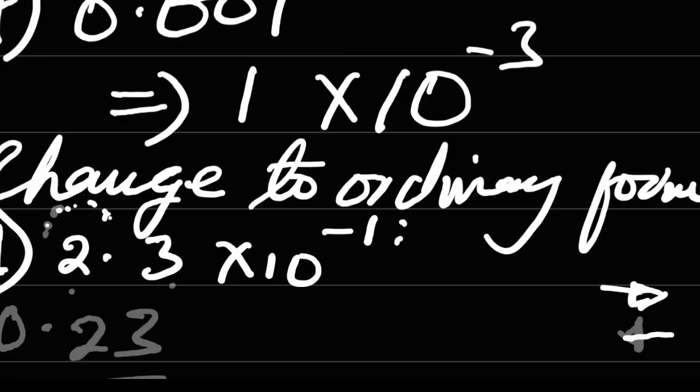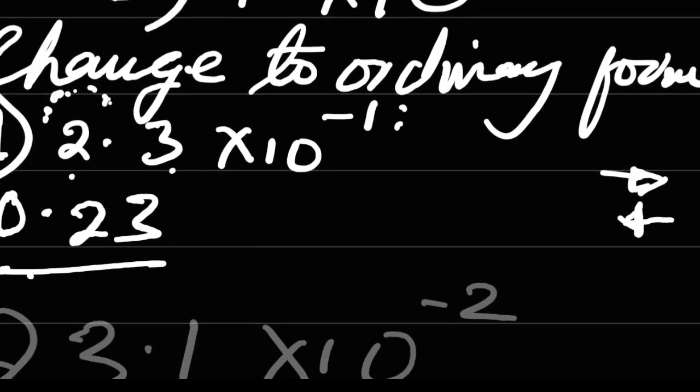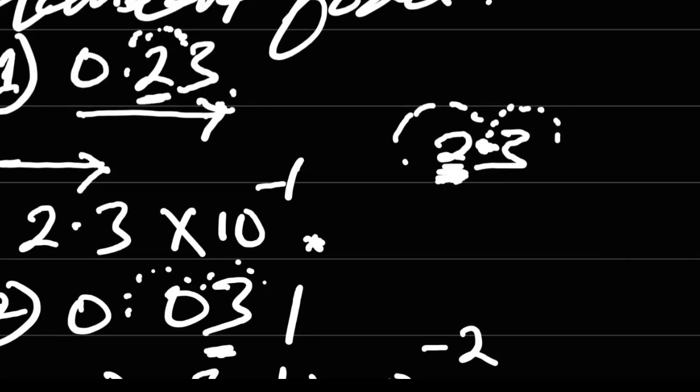The decimal will be going in this direction. If it moves once in this direction, the decimal will be around here. You write 0 before you put the decimal, and this is your 2, and this is your 3. 0.23. So you can see it has returned back to ordinary form, 0.23.